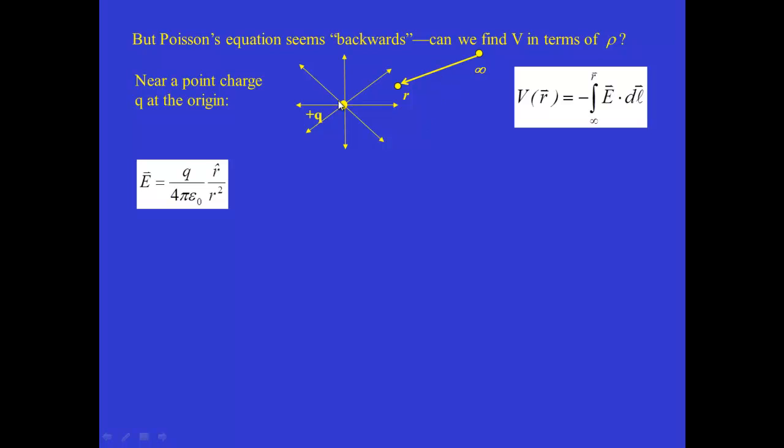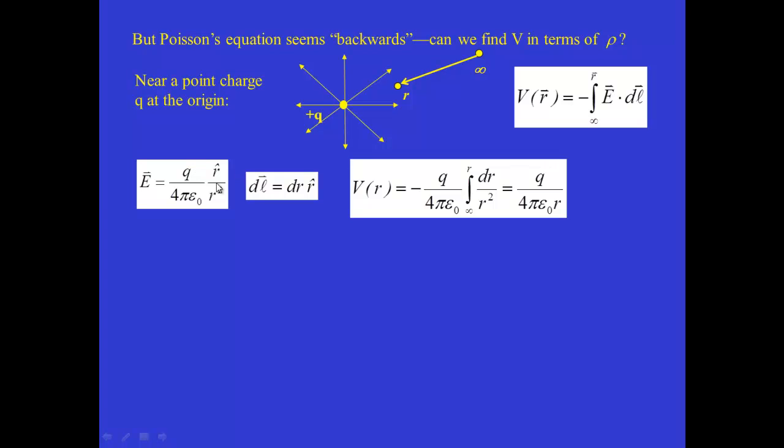So we know the electric field of a point charge is Q over 4 pi epsilon naught r hat over r squared. The point charge is at the origin, so these are just the regular r vectors. We also know, if we choose the radial direction for our path, that the dl vector can be written as dr r hat. It's in the r hat direction, and dr represents the differential change in the distance.